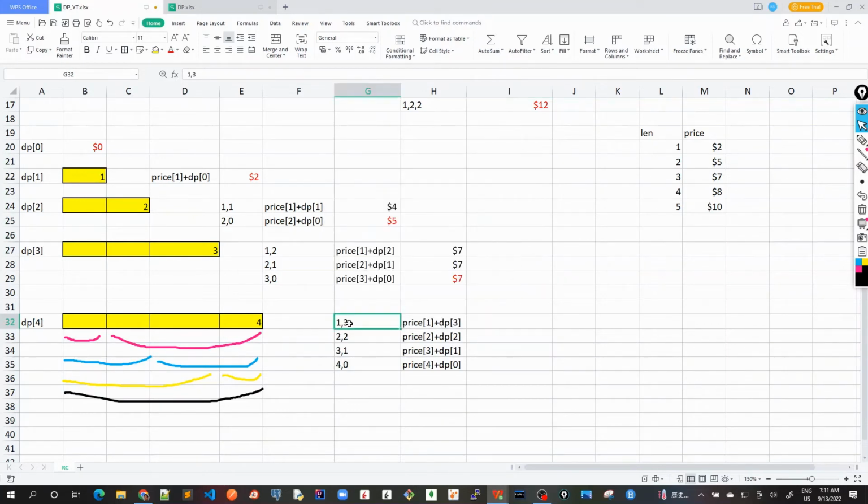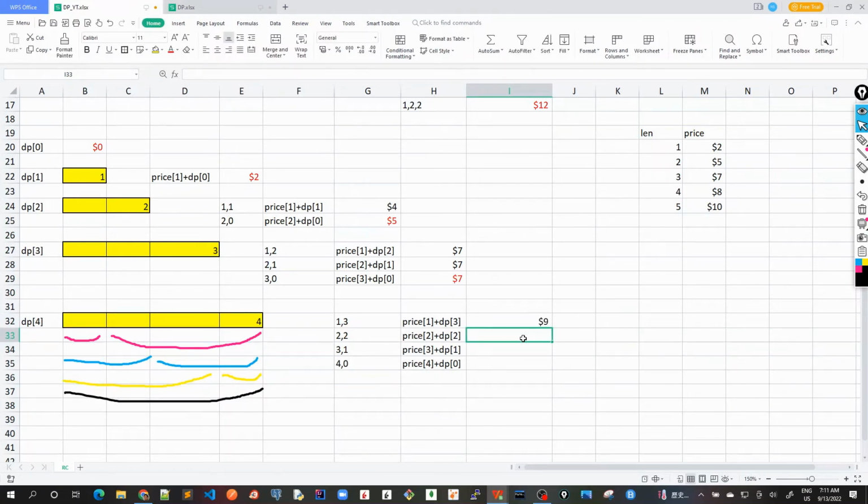as we discussed, we had done 1 and 3, which is price of 1 plus dp3, 2 and 2, which is price 2 plus dp2, price of 3 plus dp1, and price 4 plus dp0. And if we calculate this, price of 1 is 2 and dp of 3 is 7, so it's $9. Price 2 is 5 and dp2 is also 5, so it's $10.